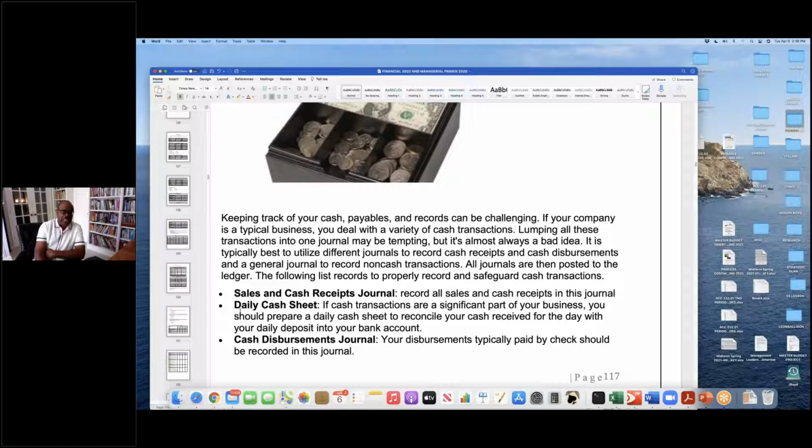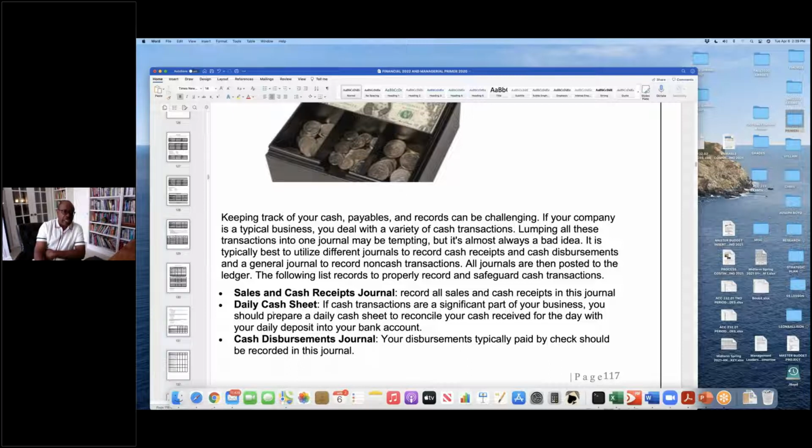And then we do a daily cash sheet where we lay out the cash that's supposed to be there. So based on the cash registers, assuming there's a cash register, the tape lays out what's supposed to be there, and then we've got to count it to see if it's there. Bank tellers are taking in cash, giving out cash.